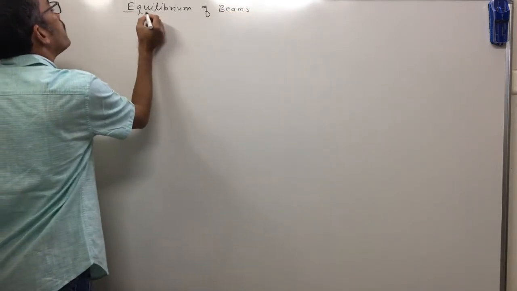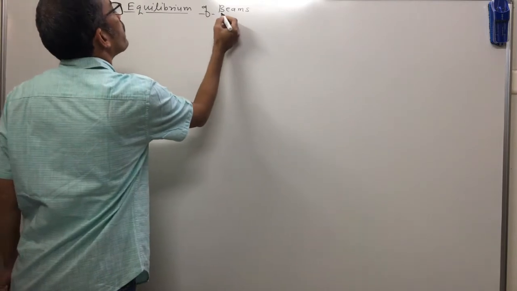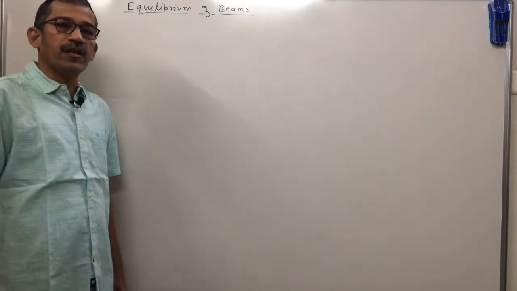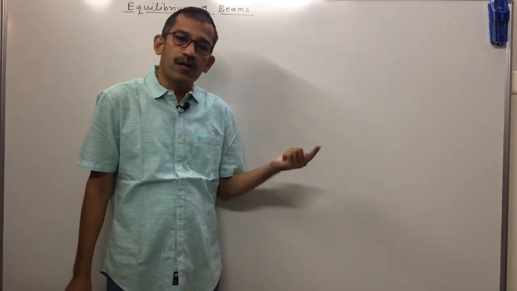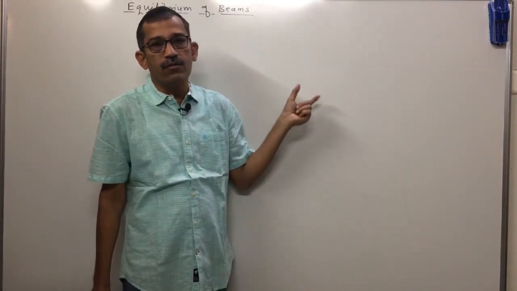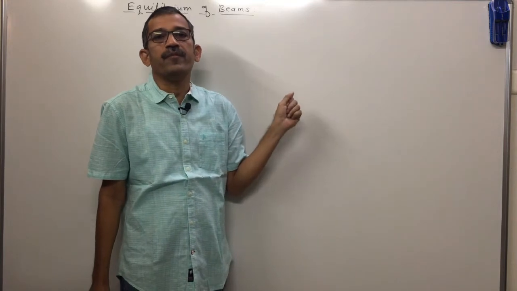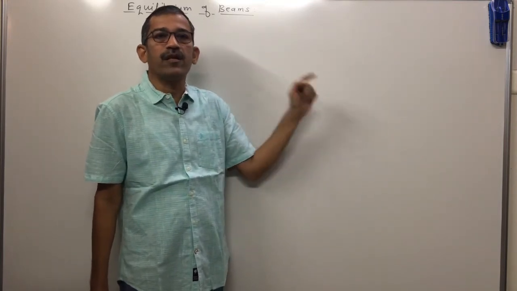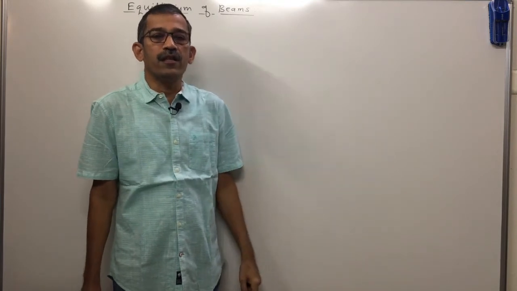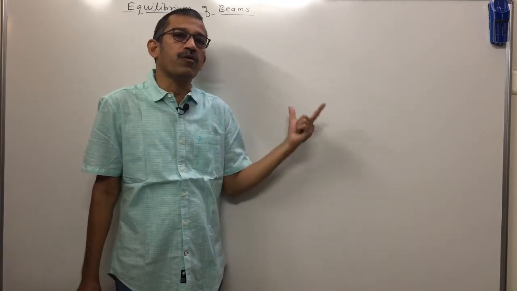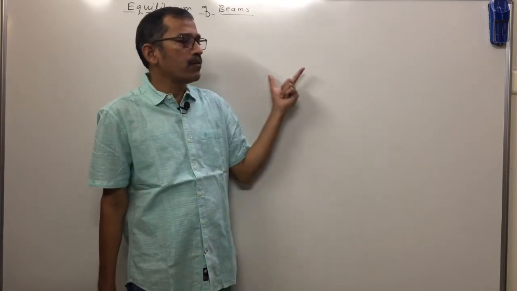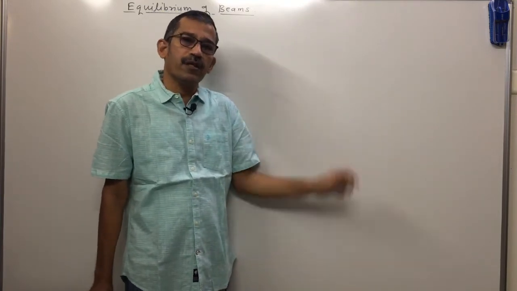When I present any problem, try to draw the free body diagram, the FBD, and then try to apply the equations of equilibrium. Then check the answer you get with my answer so that you will understand, and then it is possible to solve any unseen problem. If any new problem is given, a solution is easily possible, and you only have to use the conditions of equilibrium.